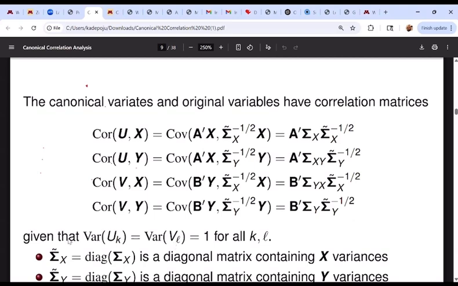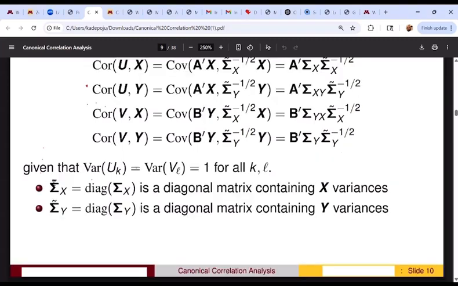Don't forget, I said the other time that the variance of each linear combination, whether the one you derive from X or the one you derive from Y, has to be equal to 1. We call that the unit variance. You're going to find that on the diagonal of this guy.